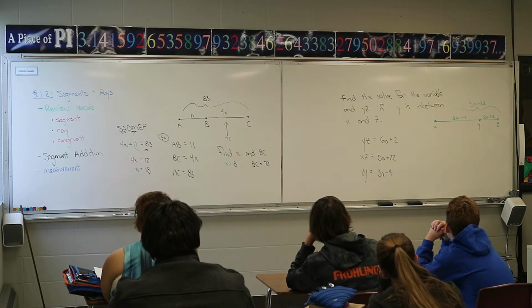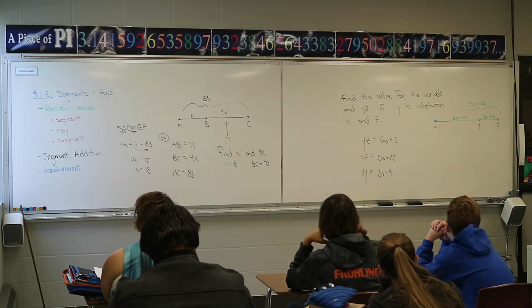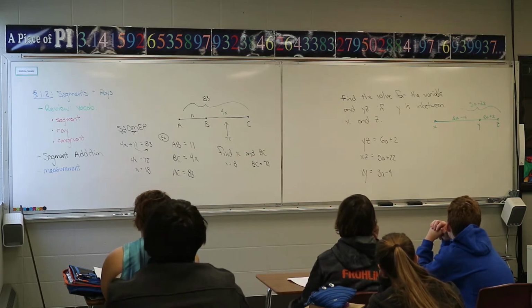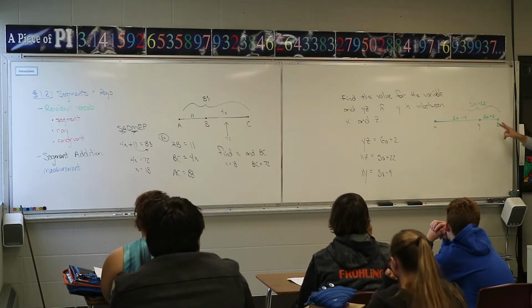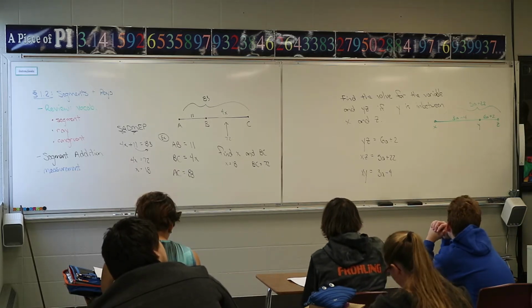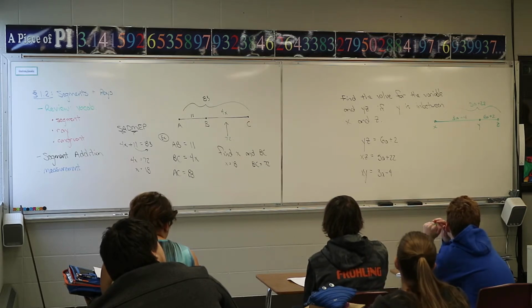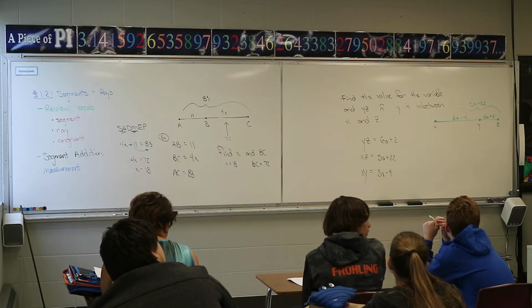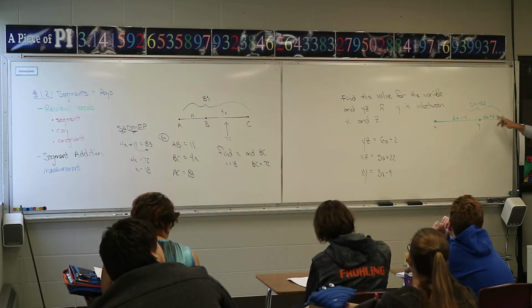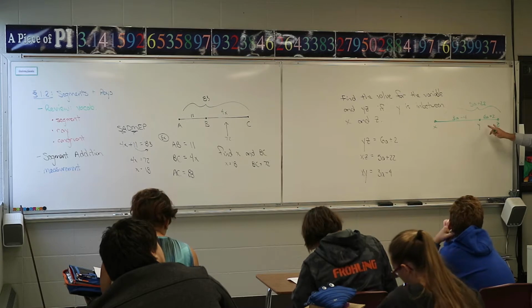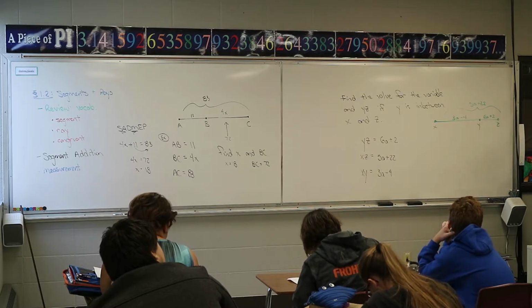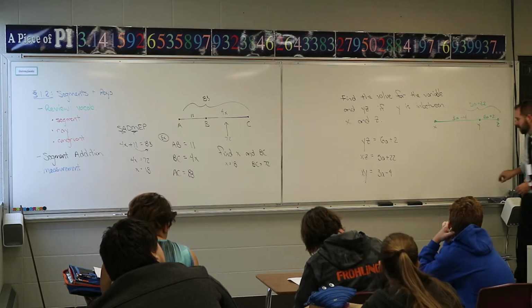It's not always just the top 2 equals the third one. You have to make sure you label the picture that you've drawn so you know which ones are added. Which ones do I have to add together? XY and YZ. These 2 things should equal the top one, because it's a segment. Segments have to be equal to each other.